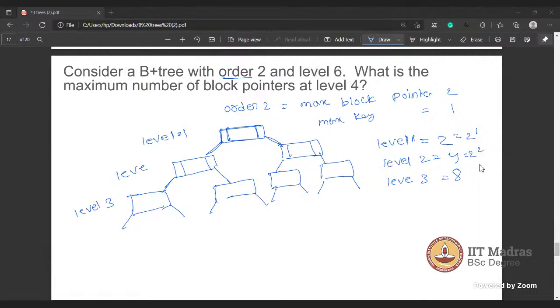So level 3 will be 2 to the power 3, right? Yes, sir. And level 4 is 2 to the power 4, equal to 16.